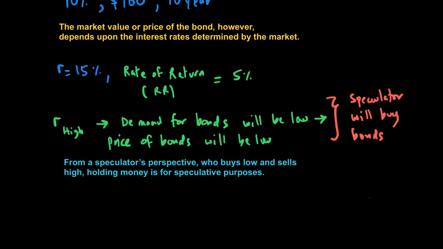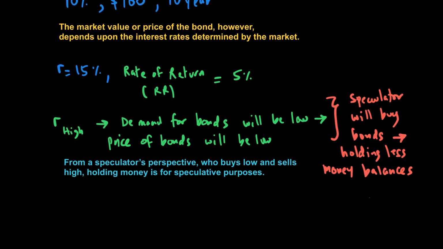But the first concept to understand is that high interest rate means low price of bonds, and low price of bonds means the speculator will buy bonds. And if the speculator buys bonds, he will be holding less money balances. Why? Because he is holding more bonds and therefore less money balances.